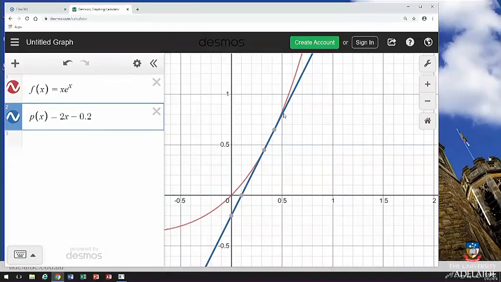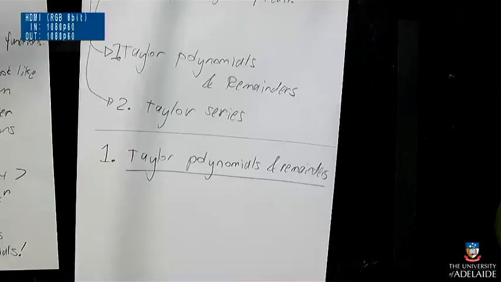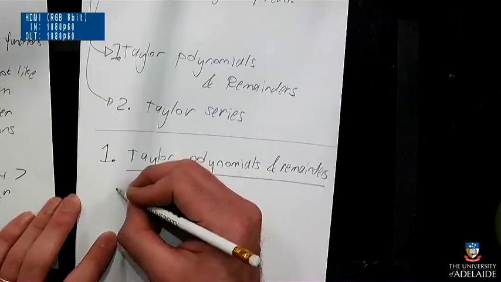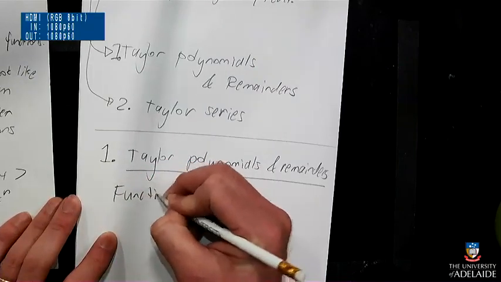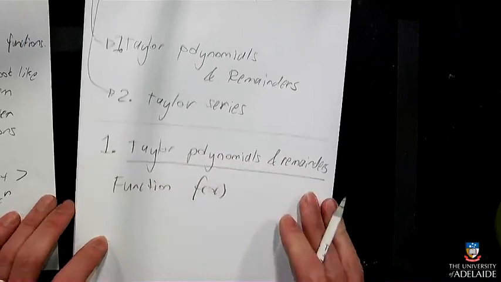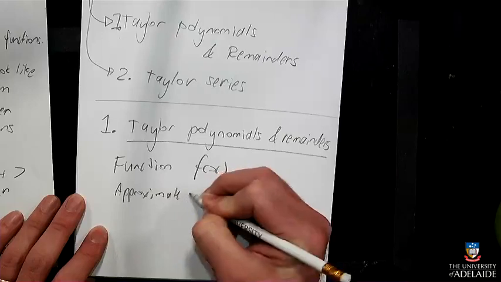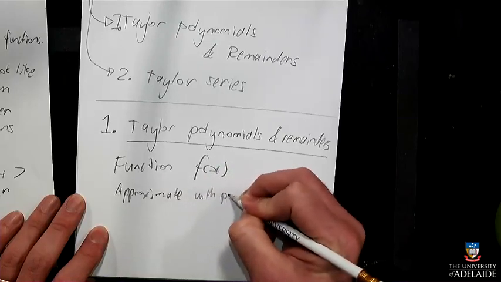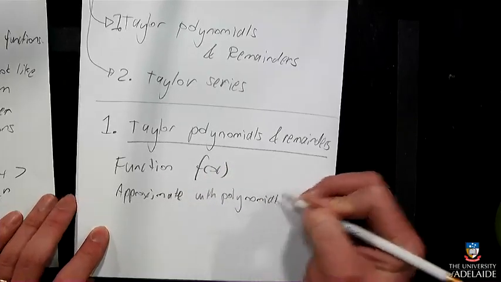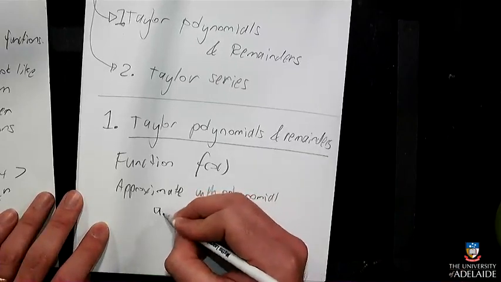And so the idea is that Taylor and Maclaurin, back in the day, in the 1700s I think, figured out the best choices for what those coefficients are, based on the derivatives of the original function. So you have a function f of x, and you approximate it with a polynomial like this.